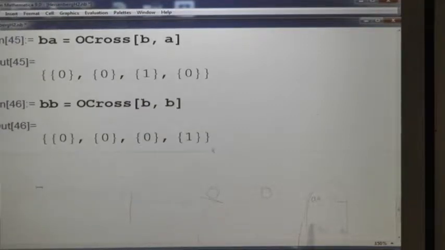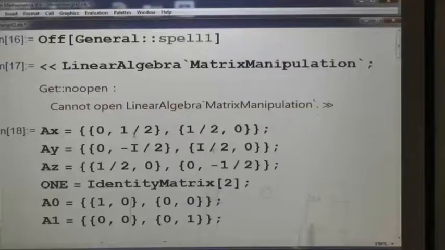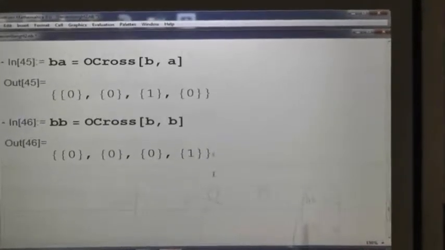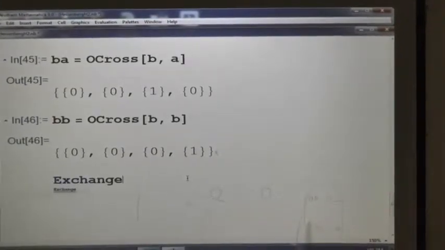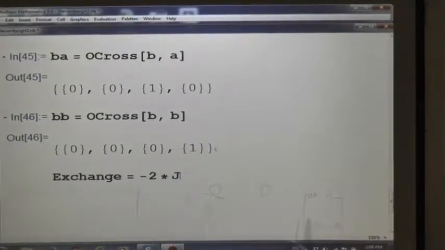Now I need to define my Hamiltonian, S1 dot with S2. I've already defined my Pauli operators sigma x, sigma y and sigma z. Sigma x you will observe is 0, half, half, 0. Sigma y is this, sigma z I've defined. So my exchange Hamiltonian is minus 2 times some constant J into S1x into S2x.